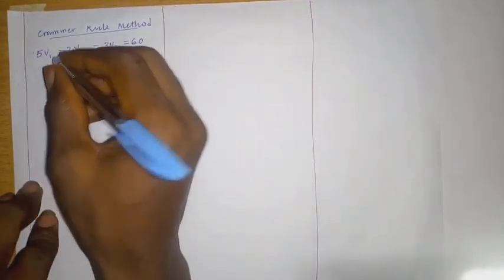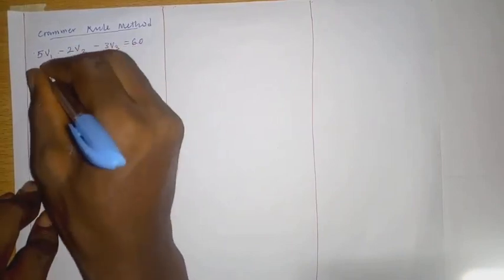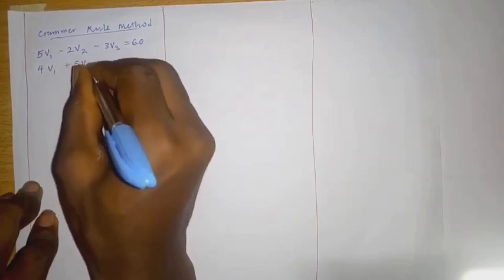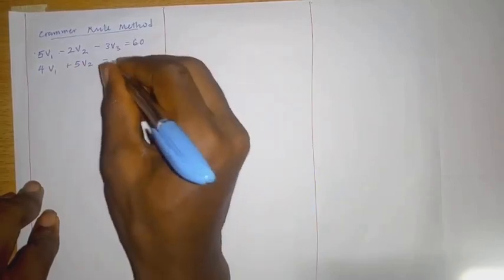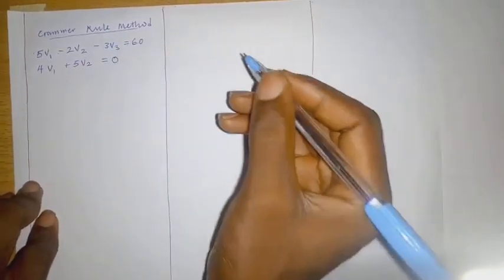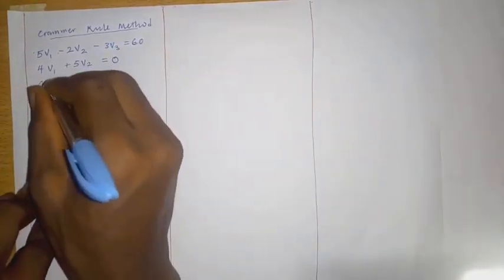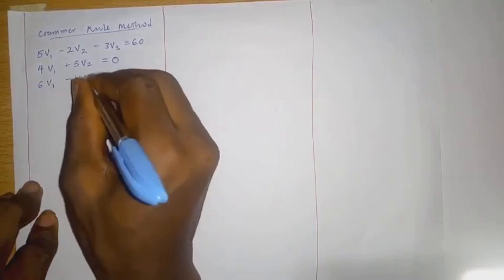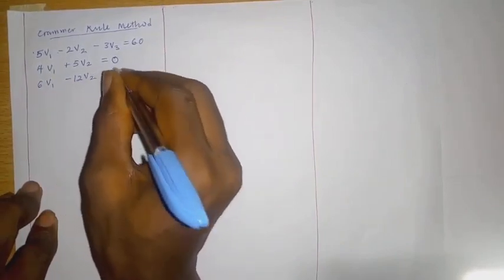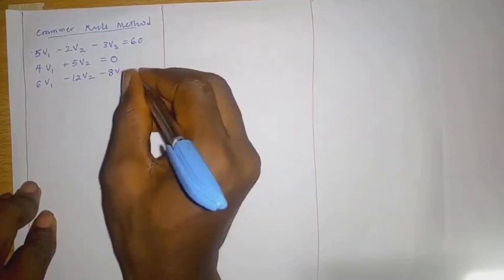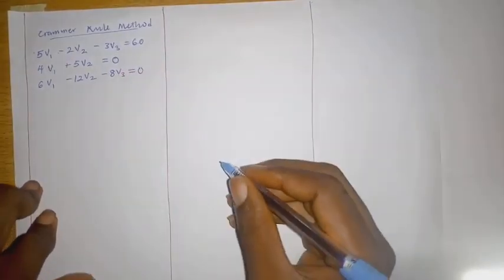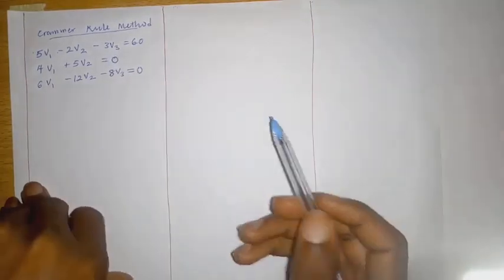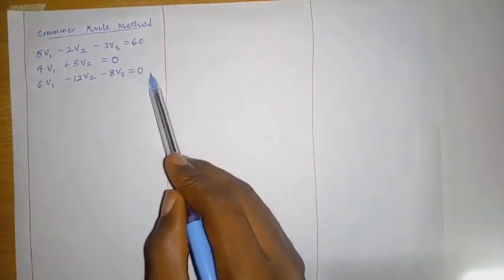Then another one here we have 4v1 plus 5v2 equal to 0. That is equation 2. Then equation 3 we have 6v1 minus 12v2 minus 8v3 equal to 0. Okay, now we've gotten our equations, equation 1, 2, 3.